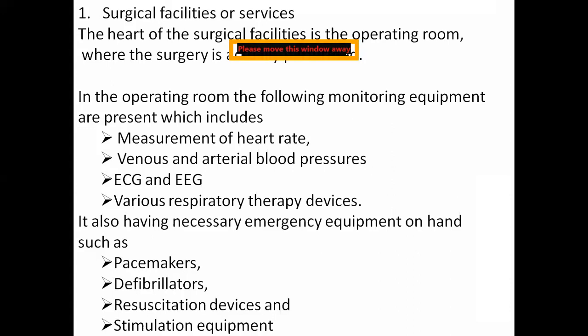Stimulation equipment is also a type of stimulation, such as sudden light or sudden sounds, which provide a sudden shock to the patient. Like that we can use this emergency equipment in the operating theater. These are the surgical facilities provided in the operating theater for doing the surgery and for proper operation of the heart.